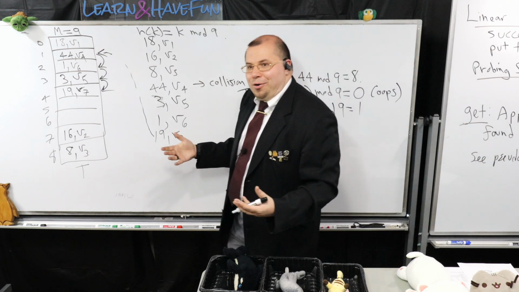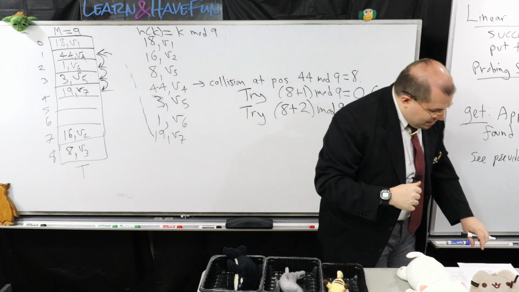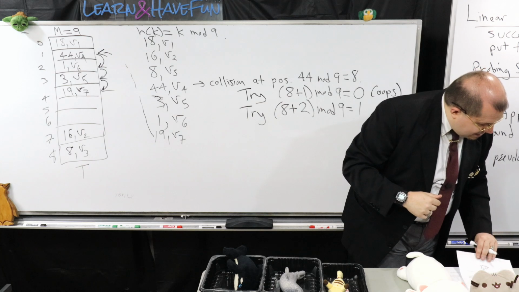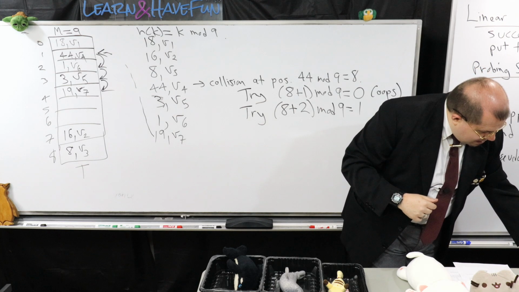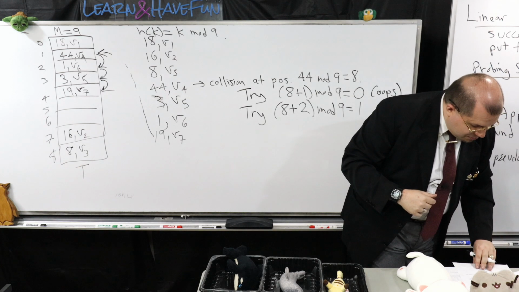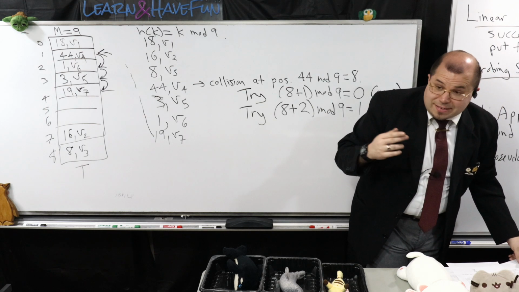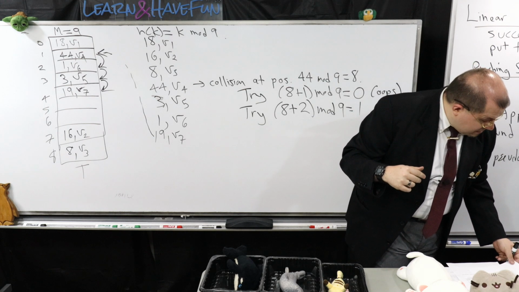Well, it may go through the entire thing, right? So just keep in mind that if you're thinking about the insertions and the removals in this process, these are all going to be the same complexities we had before.